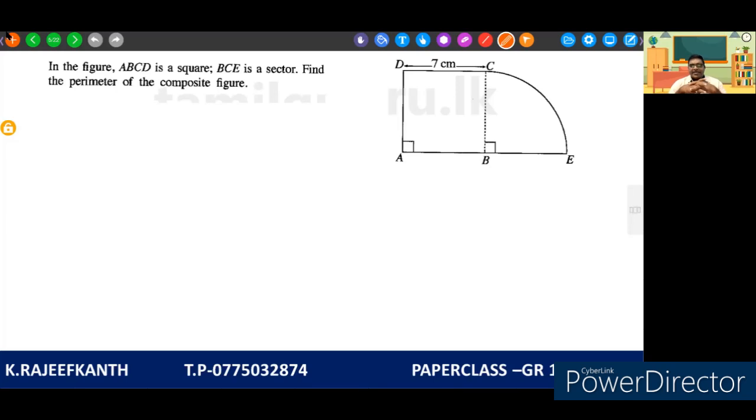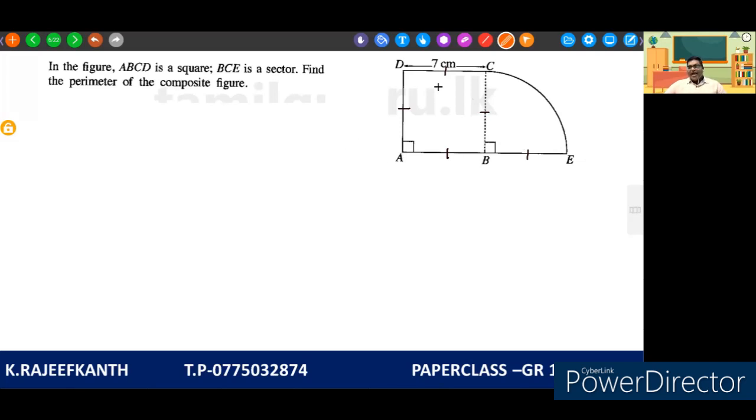And in the sector, BC and BE are equal because those are radii of that circle. Right? So here we can mark AD, DC, AB and BC as equal. Here BC and BE are also equal because these two are radii.